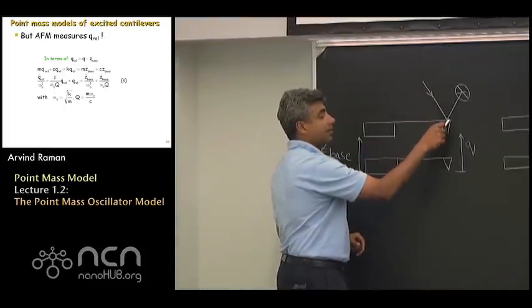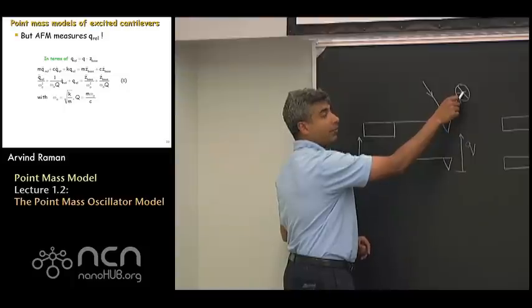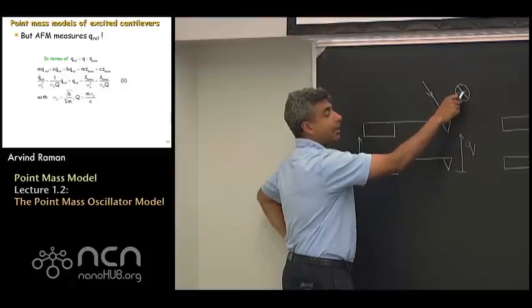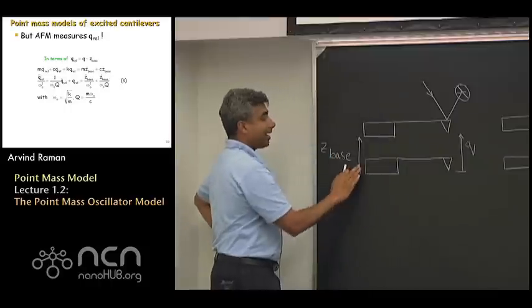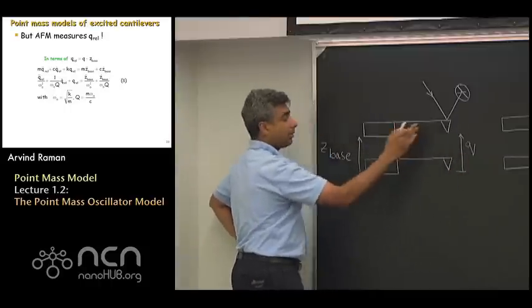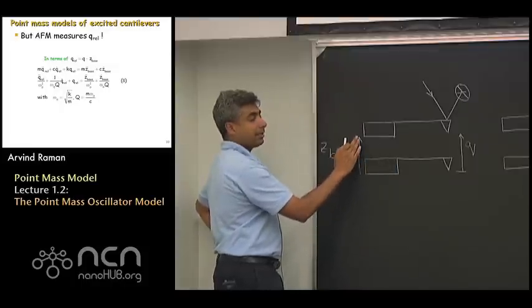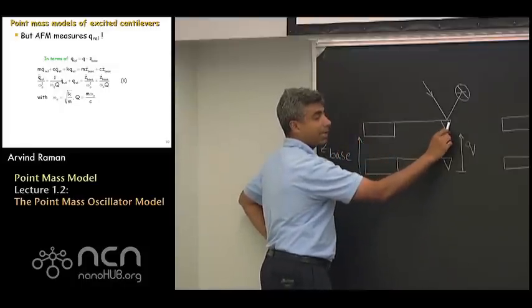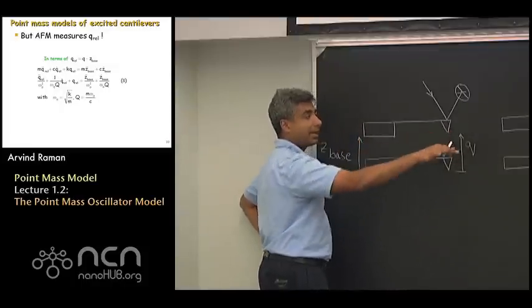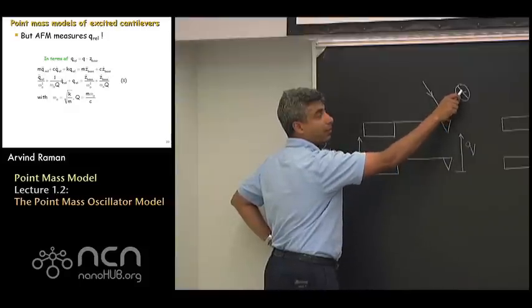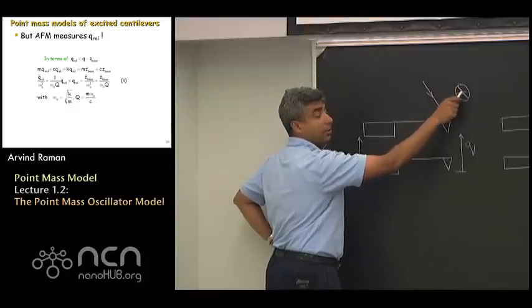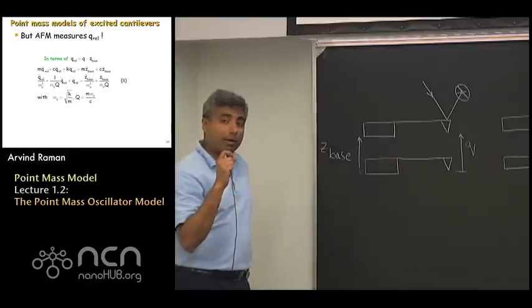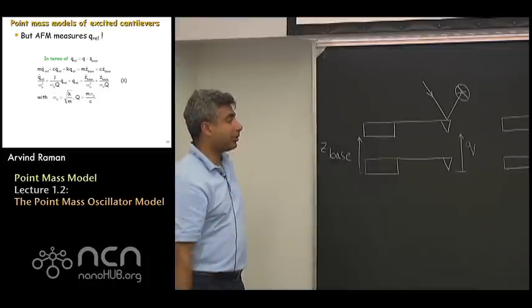The laser comes, reflects off, goes to the 4-quadrant detector. What happens in this case is we have as much Q motion as we do Z base. However, we have no rotation of this cantilever, no bending. As a result, the spot in the photodiode is not going to move up and down a whole lot. It'll effectively remain pretty much stationary.